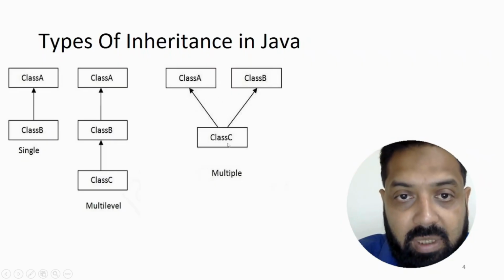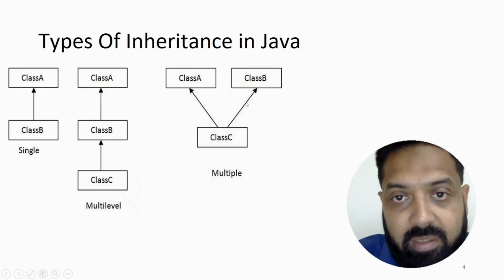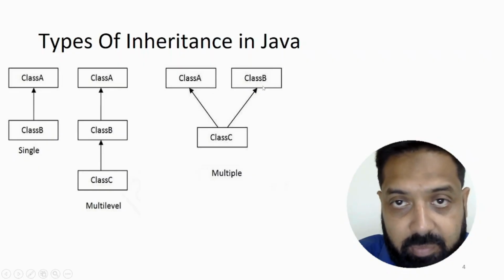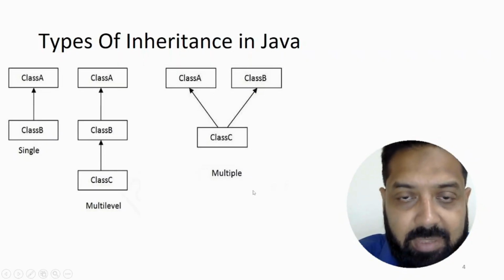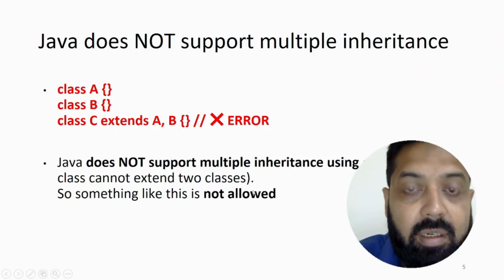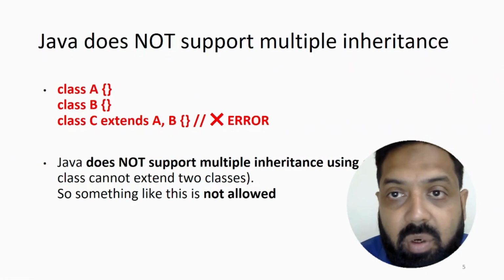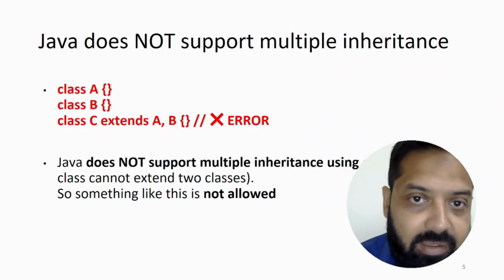So class C is taking attributes from class A, and class C is taking attributes from class B. This is the case of multiple inheritance. We cannot write this syntax in Java.